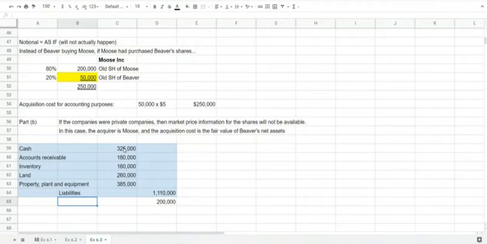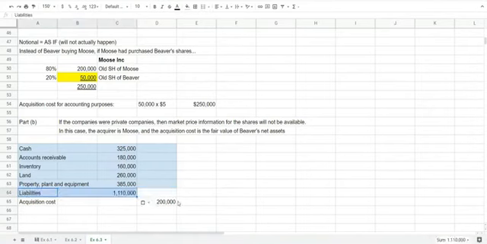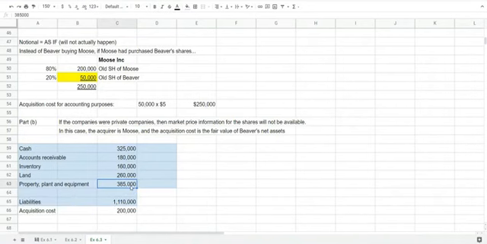So this is not a journal entry, by the way, okay? This is just the calculation of the acquisition cost. You add up the assets, subtract the liabilities. Gives us the acquisition cost. Maybe I should put it here. The total of the assets, fair values, total of the liabilities, total minus this, that's your acquisition cost.